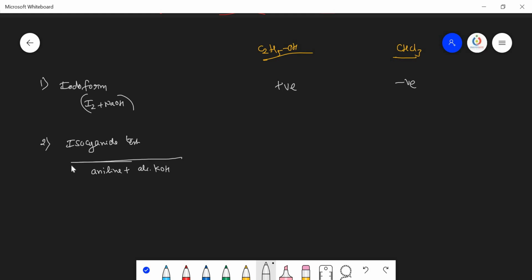You must remember one important thing here: aniline has the aromatic NH2 group, so to identify NH2 we want this test only. Ethyl alcohol gives the negative test, this gives the positive test. Aniline is an aromatic primary amine. This is called the carbylamine test or phenyl isocyanate test.